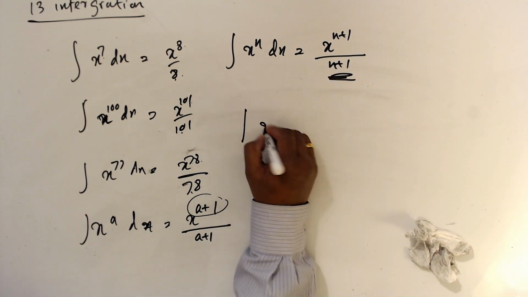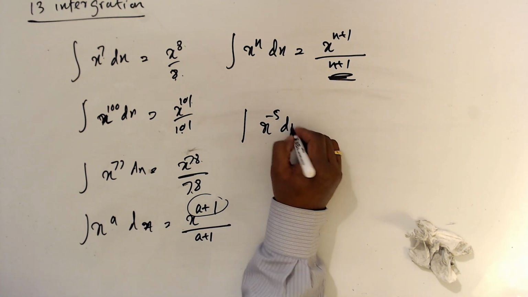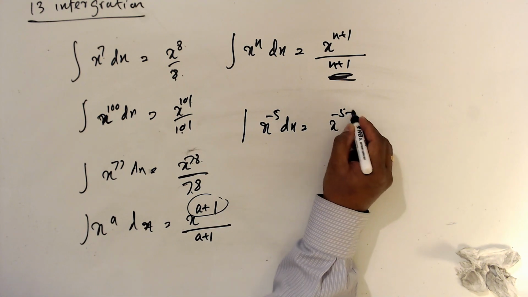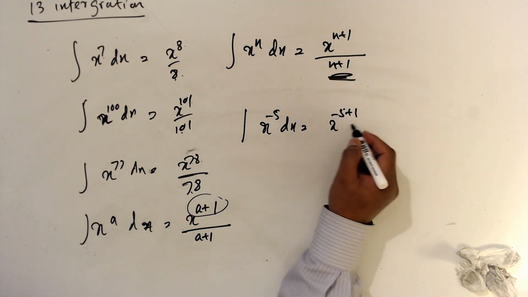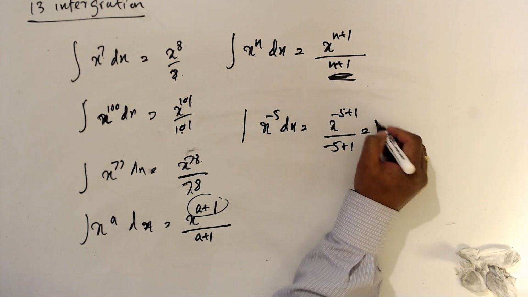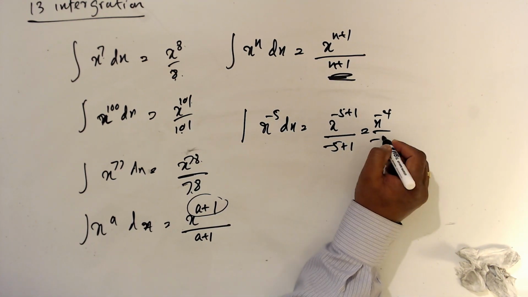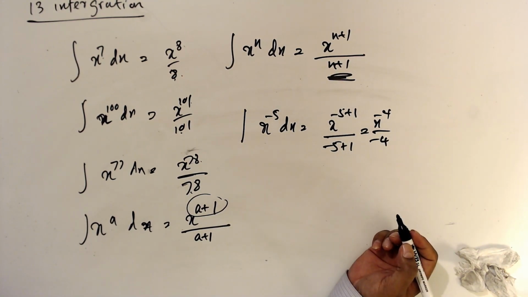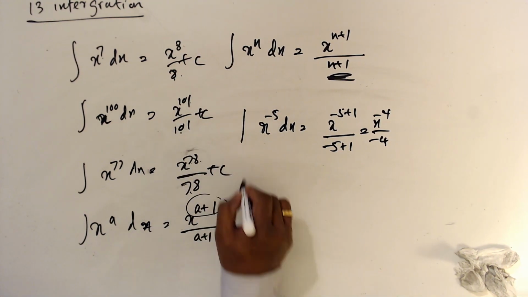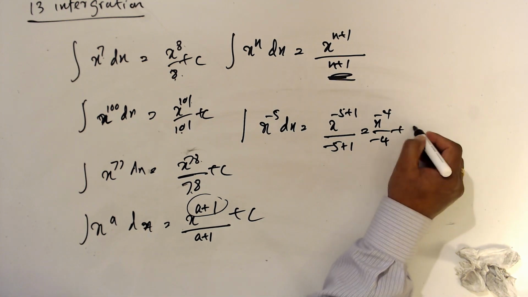Then if you integrate x to the power minus 5 dx, what is the answer? x to the power minus 5 plus 1, because you want to add 1 and divide by that value. So this is x to the power minus 4 divided by minus 4. But everywhere we want to put a c, constant.